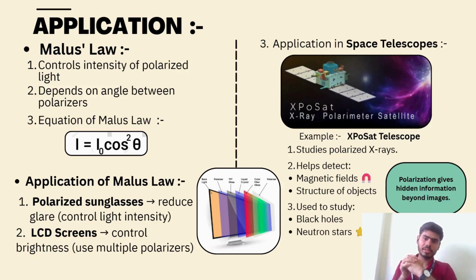An image cannot give us the exact information that polarization of light can give us. Images help us only to view galaxies and objects, but polarization helps us to study them in depth. So this concept of polarization of light is used in space telescopes also.